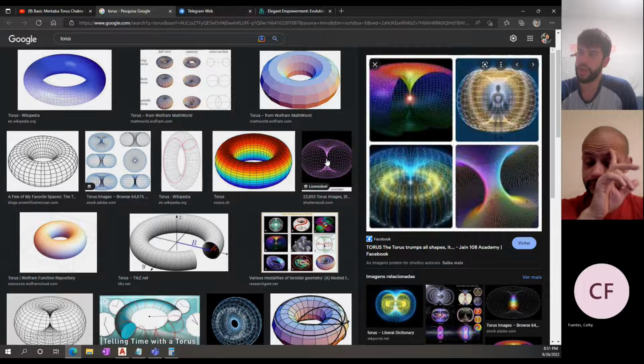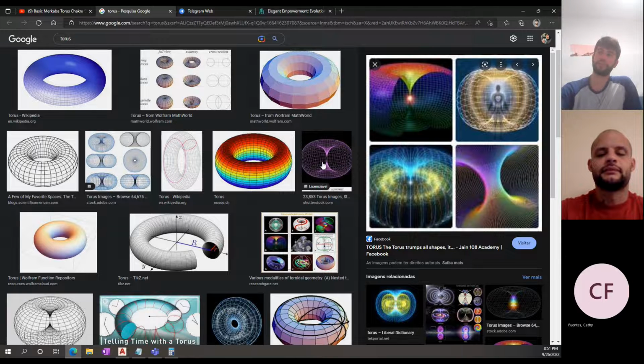It goes up, expanding, and then it comes back to the bottom of it, and it starts contracting until it finds the singularity again. So this is the shape of the Earth's magnetic field. This is the shape of black holes. Wormholes are somewhat related to this.